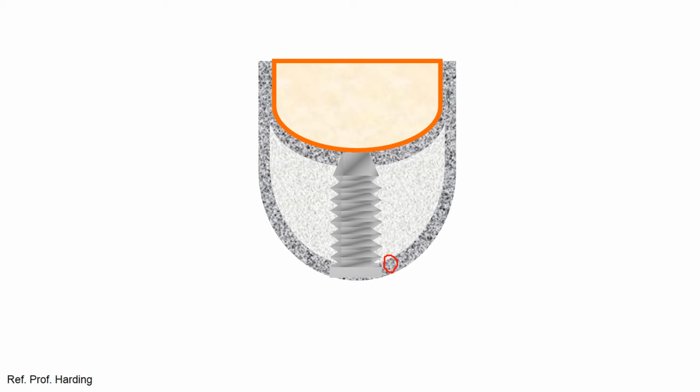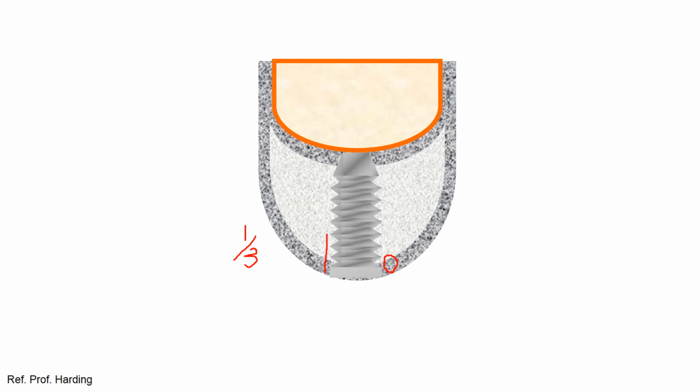And of course, when we load implants, especially if we're going to be immediately loading implants, the majority of the load is going to be taken over the first coronal third of our implant. The coronal third is going to take the majority of the loading. So we really want that bone to be as tough and as strong as possible.